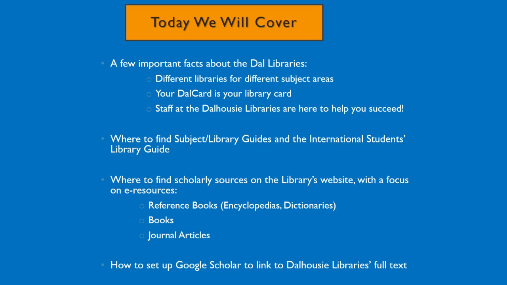And then finally, I'll show you how to set up Google Scholar on your home computers and laptops to link to Dalhousie Library's full text when it is available. This is a really good tip. So that's the agenda for today, and that should take us about an hour to get through all of this material. So off we go.